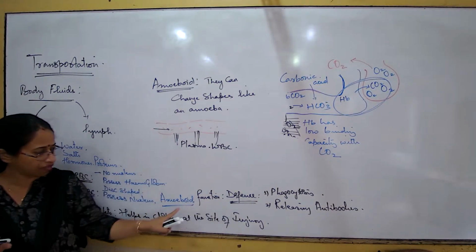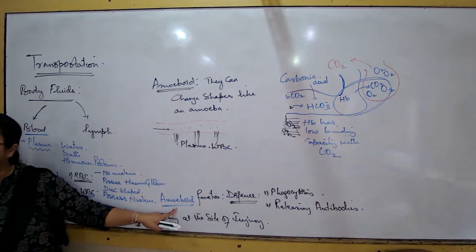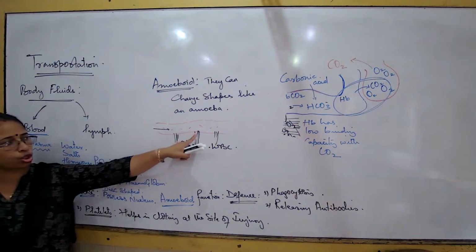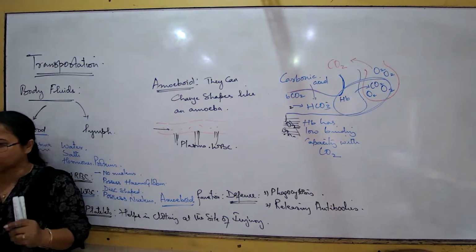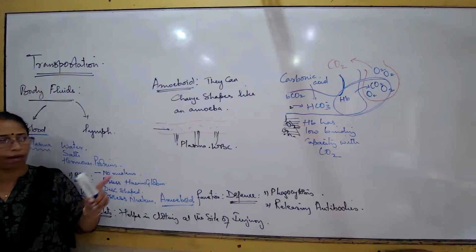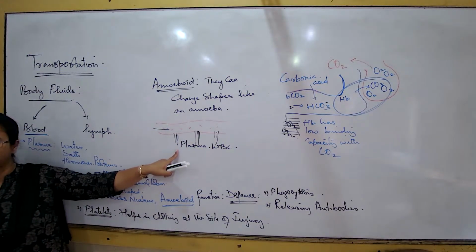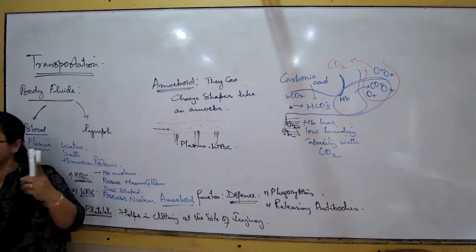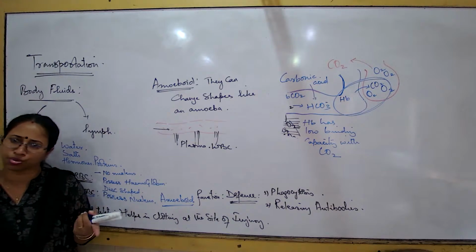Why? Because of this special property of the WBCs. It can squeeze in through the minutest pore also. So, छोटे से छोटे pore से the WBC can come out. क्यों? It can change its shape. That's why. RBCs will not come out. Platelets will not come out. So, what is this fluid? This fluid now is running over the tissues. क्योंकि blood vessel के आसपास, if I have to think, blood vessel के आसपास क्या होनी चाहिए? Tissues.